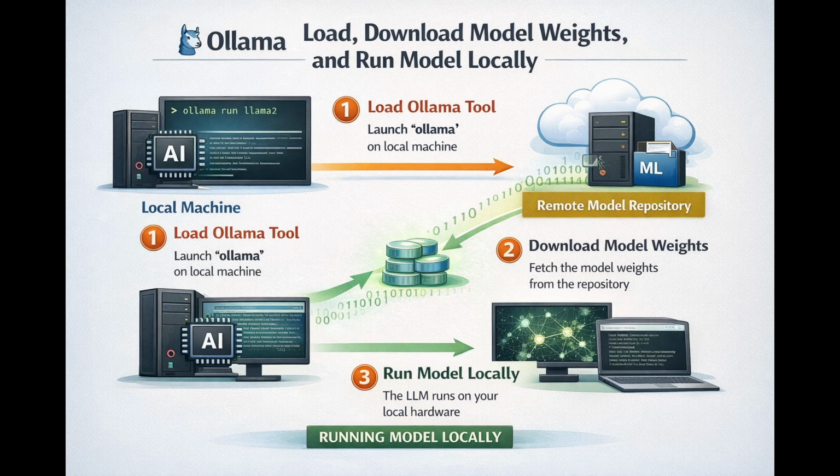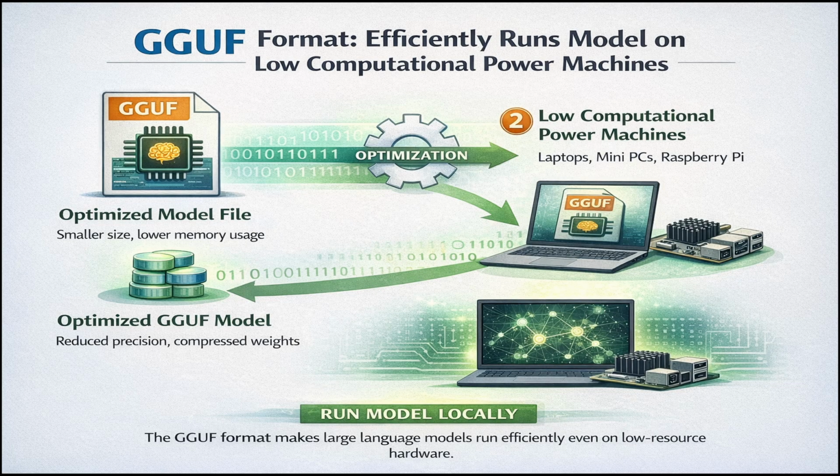A GPU speeds this up dramatically, because GPUs are built to do many calculations in parallel, exactly what the matrix math for AI needs. But modern tools have gotten clever about running models on CPUs too, using optimized formats like GGUF, which compress, or quantize, the model so that it can run on less powerful hardware without totally sacrificing quality.